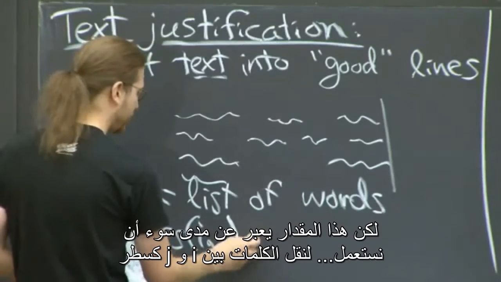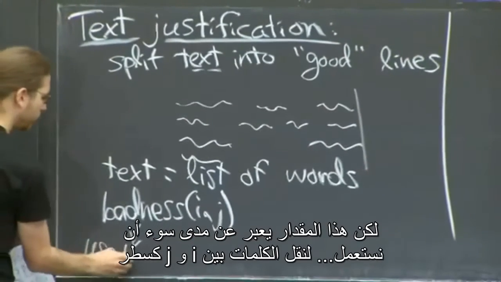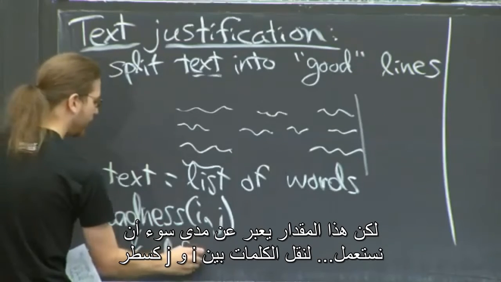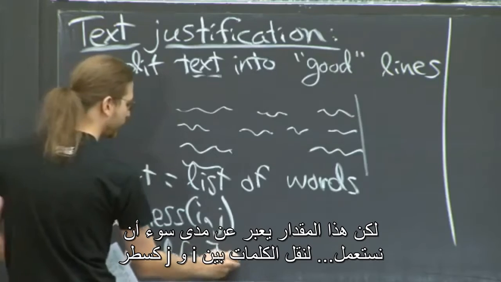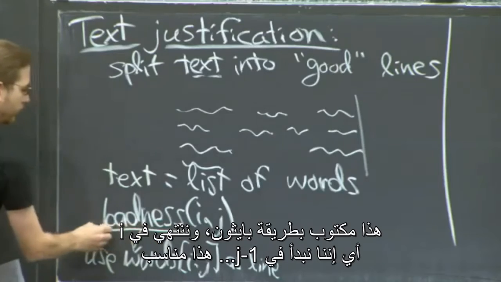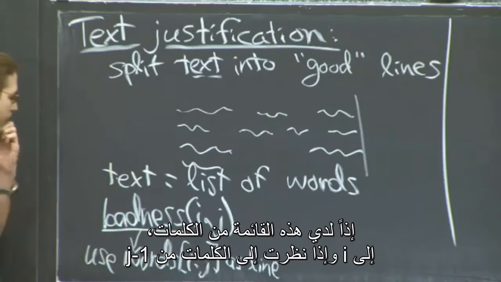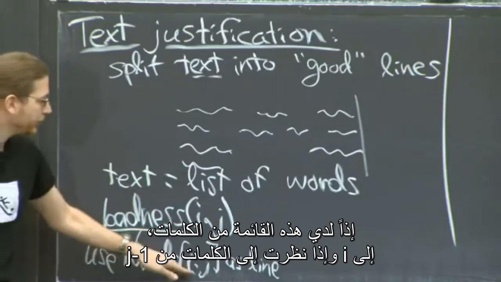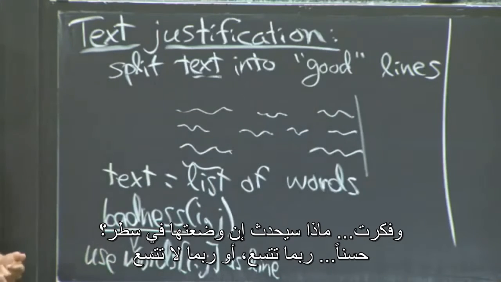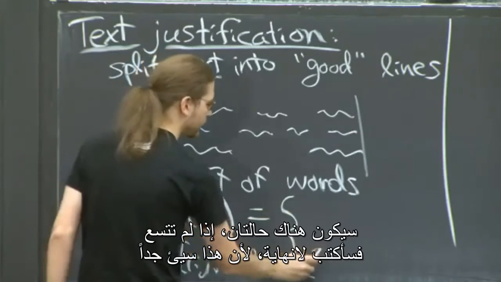This is how bad it is to use words i through j as a line. This is Python notation, so it starts at i and ends at j minus 1. That'll be convenient. So I have this list of words, and if I look at words i through j minus 1 and think of what happens if I pack them in a line, they may fit or they may not fit.